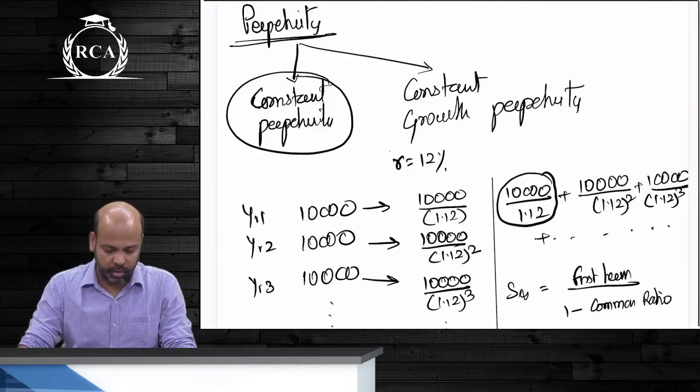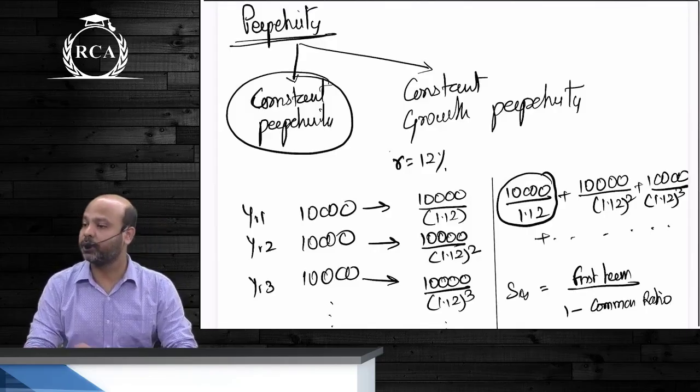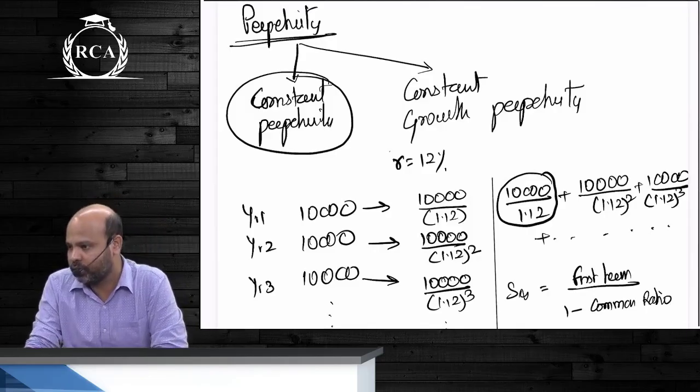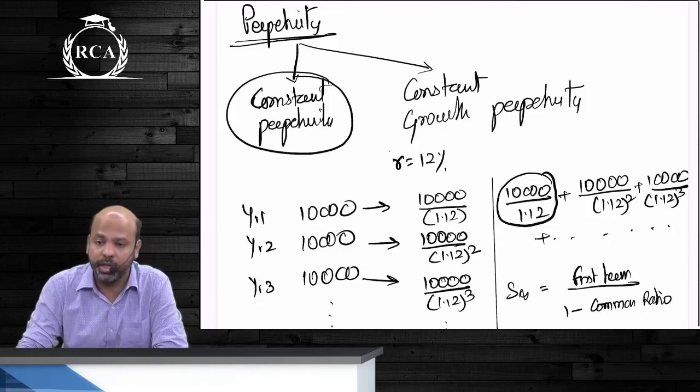Next line. Constant perpetuity is where the cash flows remain constant.